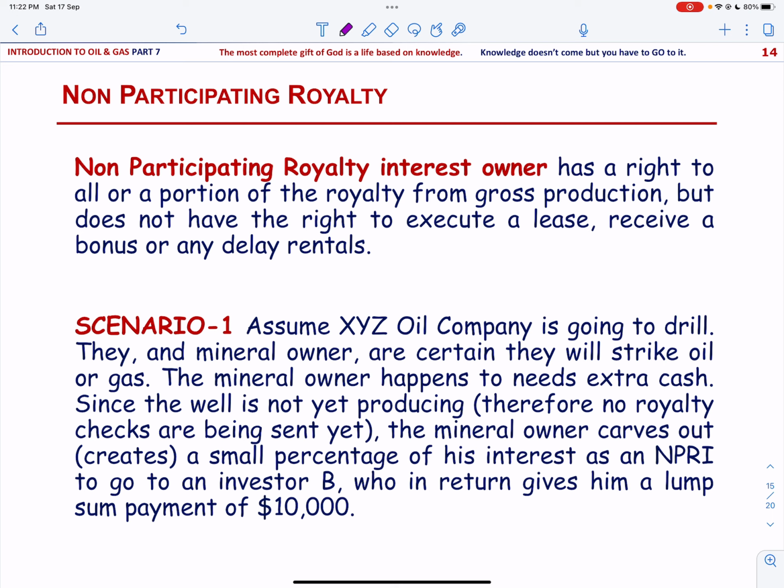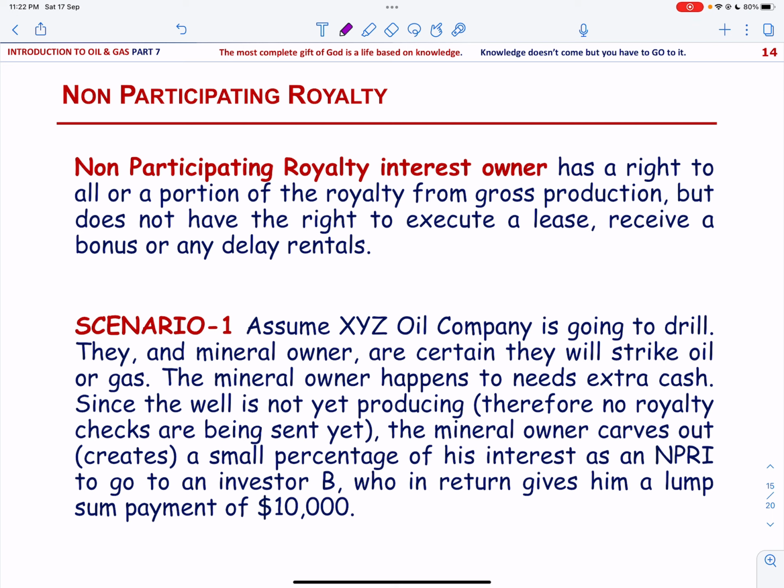A non-participating royalty interest has fewer rights than a regular mineral rights owner, as they do not have the right to make decisions related to the execution of leases. Other mineral right owners generally have the right to execute a lease, receive a bonus, or any delay rentals.